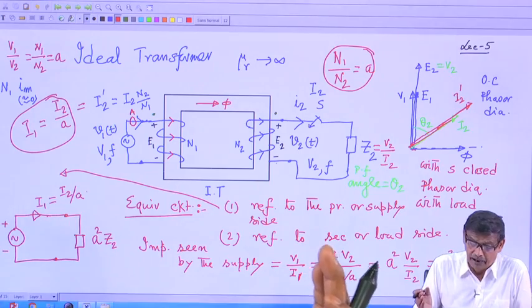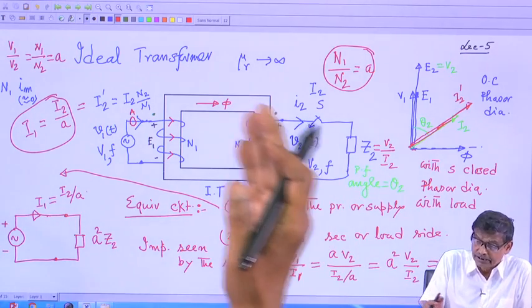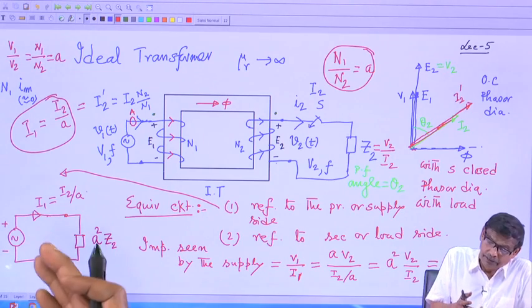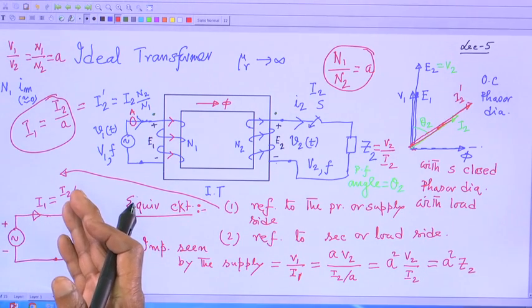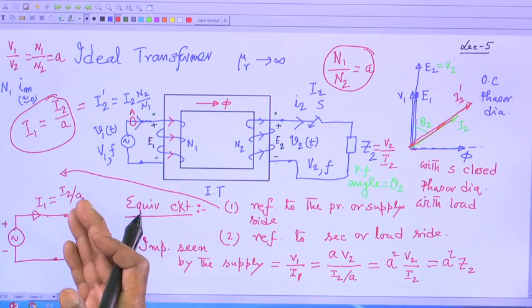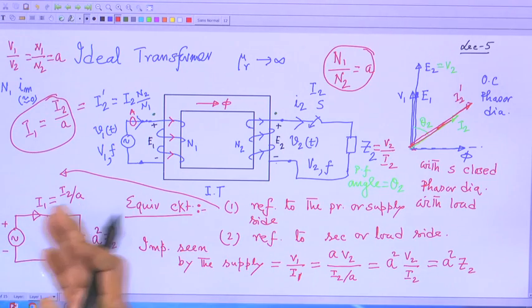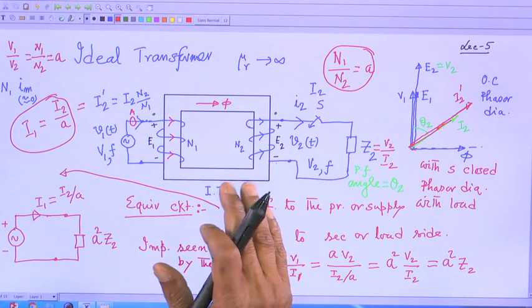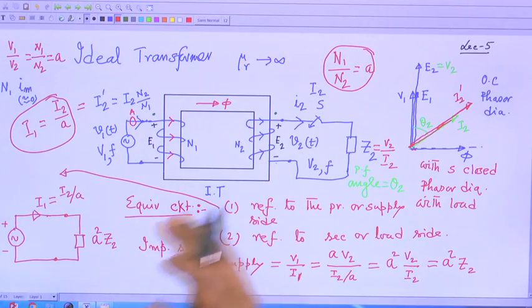You may ask, but my actual circuit was this. So, I have solved for I1, and having solved for I1, you can easily calculate I2 simply by multiplying this I1 with this small a. That is the beauty of this particular method of analyzing the circuit.